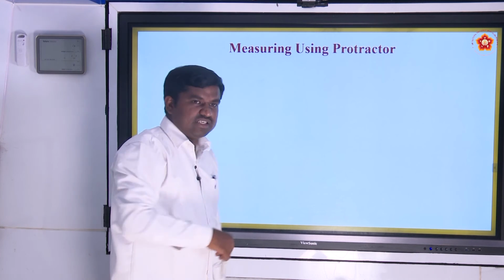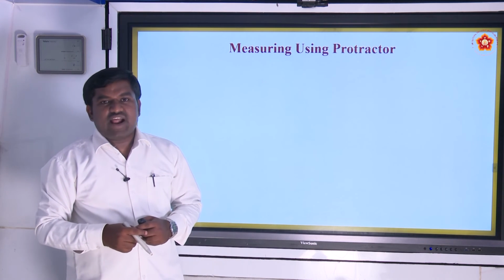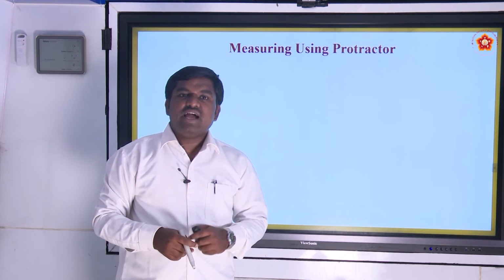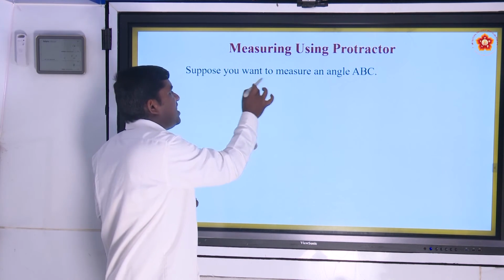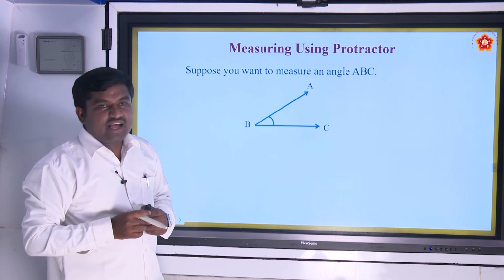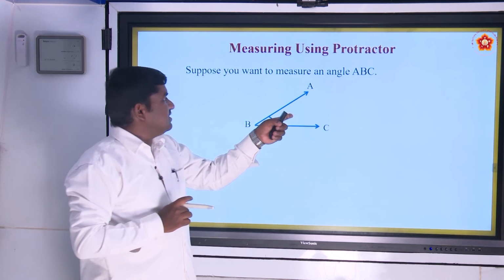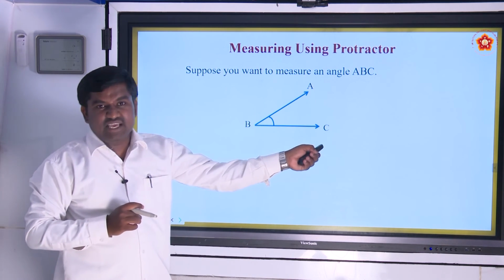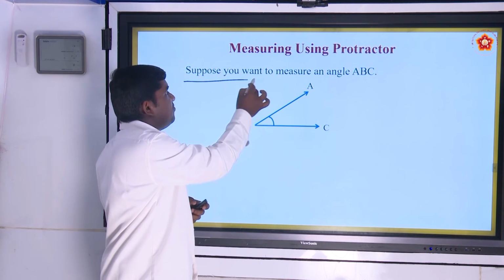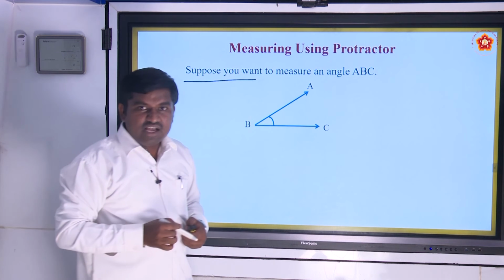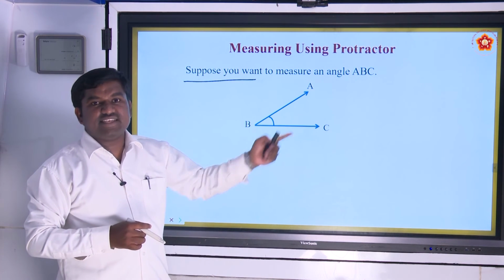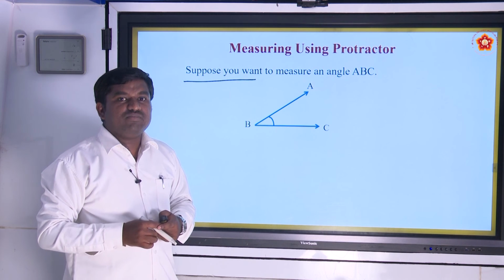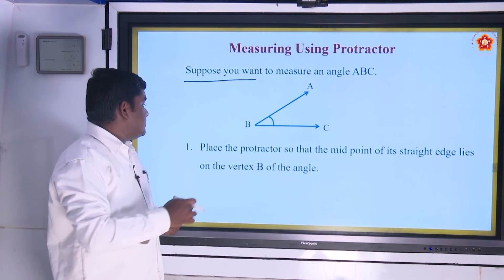Next, measuring using a protractor. How to measure an angle by using a protractor? Suppose you want to measure angle ABC. How to measure this angle by using a protractor?